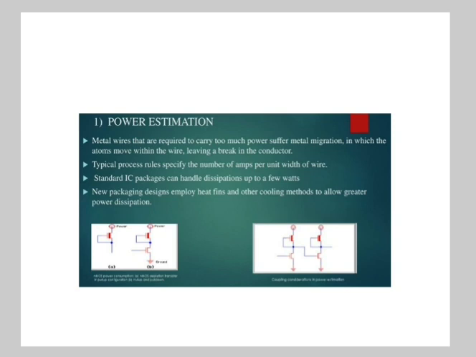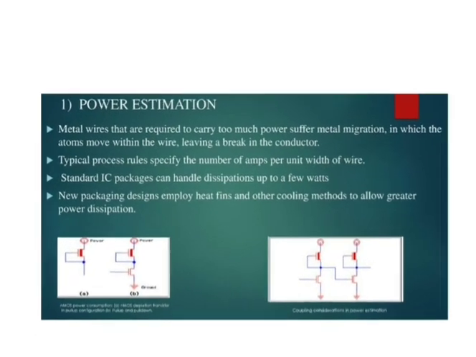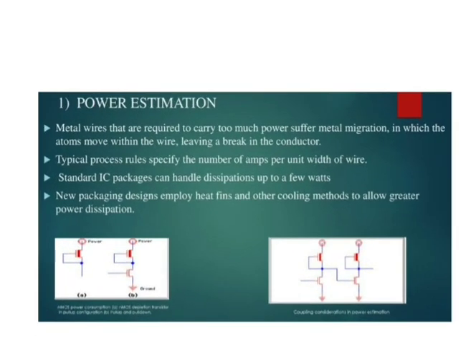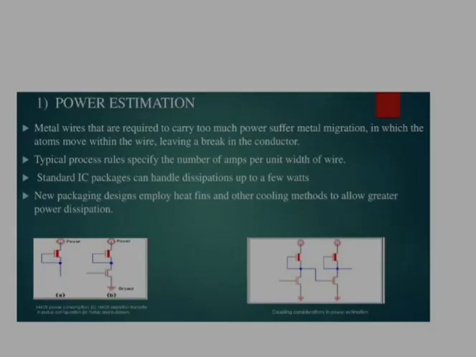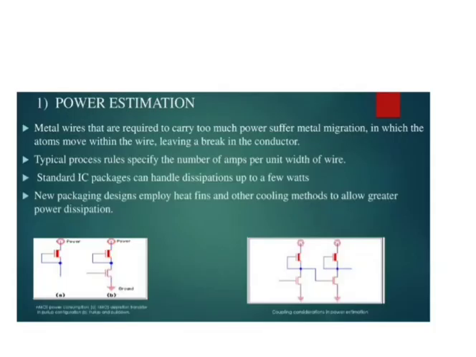Metal wires that are required to carry too much power suffer metal migration, in which the atoms move within the wire, leaving a break in the conductor, and typical process rules specify the number of amperes per unit width of the wire.